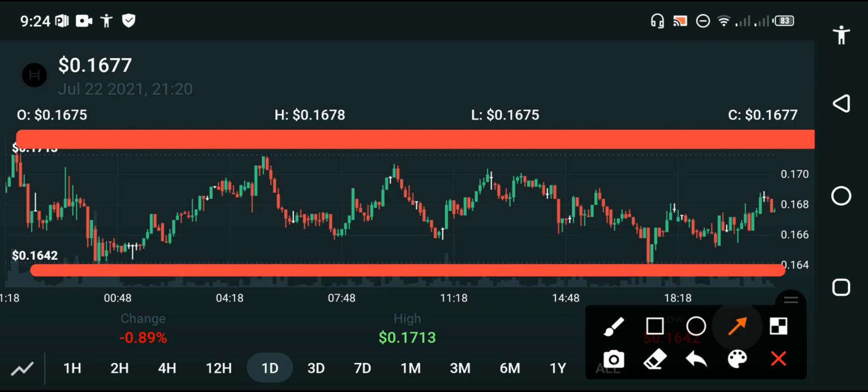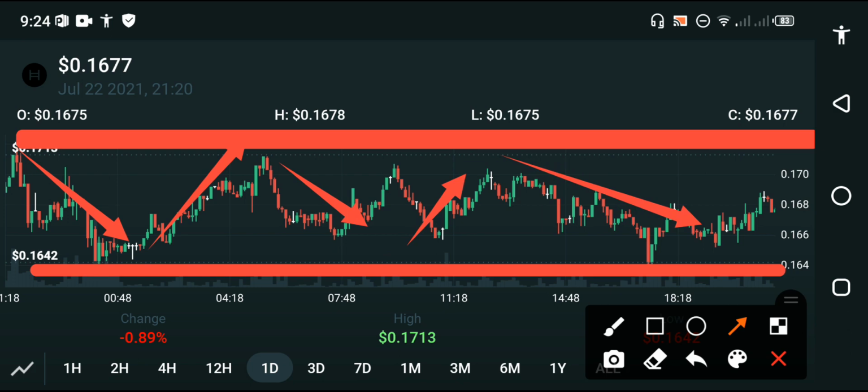So you can see, my friends, from the morning till now, it falls down, jumps, falls down, jumps, falls down, and now it is again about to make a move. So my friends, it's clear that the price has traveled between the support and resistance line.